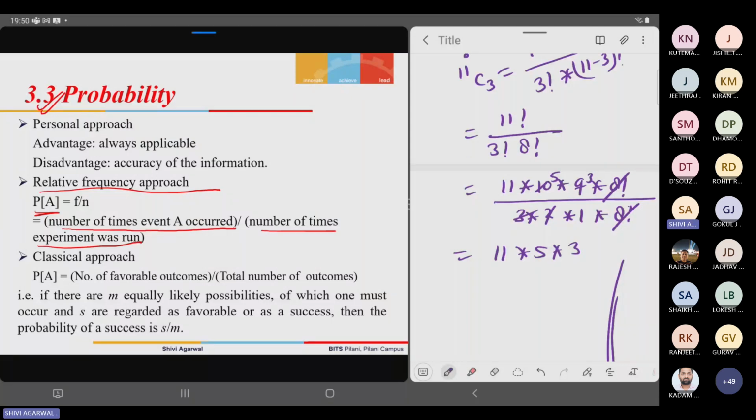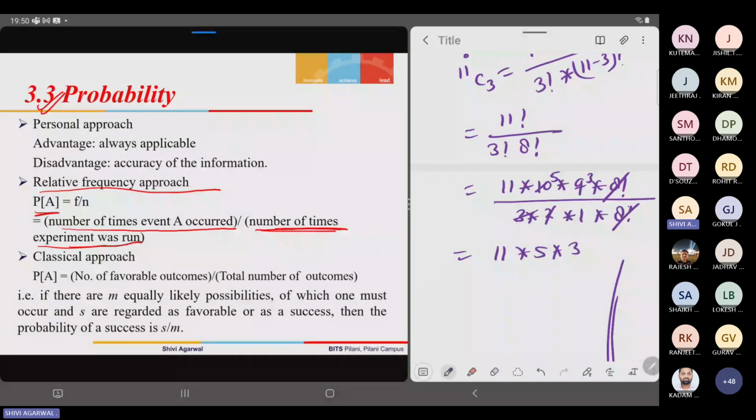So we are tossing a coin 50 times and 30 times the head occurs. It means the probability of occurring head is 30 divided by 50.